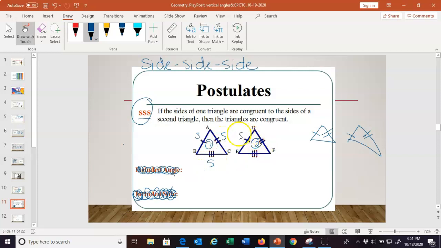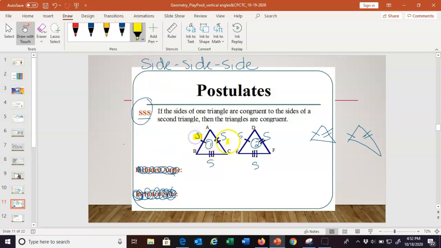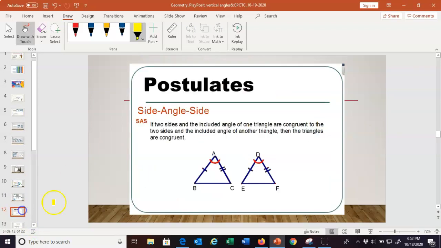When you look at your second triangle, oh, we have a side, and a side. So the postulate kind of jumps out at you. What did we write? We wrote S, S, S. So it's just based on what the triangle has marked is what the postulate is. And you'll see some examples as we go through these. But let's get through the 5 postulates in our toolbox.